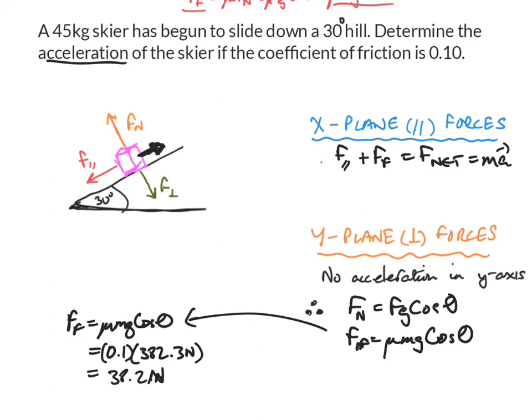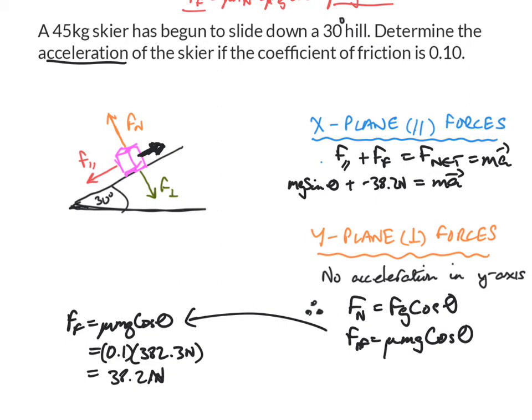And we remember that F parallel, the red arrow, the sliding force, is equal to mg sine theta, and we already know that Ff is going to be negative 38.2 newtons. And that's equal to ma.